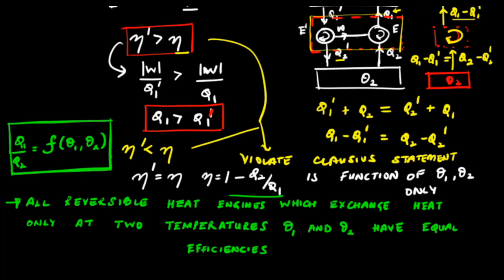Then we said that we are going to derive the definition of the absolute temperature during our so-called proof of that particular first statement. Therefore, in the next lecture, using this equation, we are going to show that there must be a temperature scale, which we'll call an absolute thermodynamic scale of temperature, which must be independent of the properties of a thermometric substance, and that derivation requires use of this particular equation.